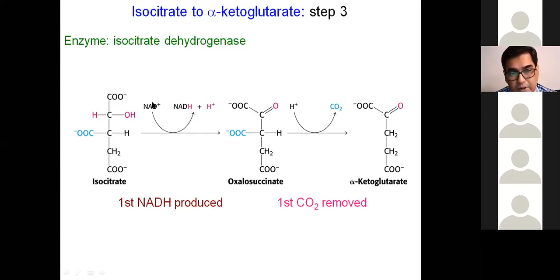So what's happening? Oxidation हो रही है, तो first NADH is produced in this reaction in the conversion of isocitrate to alpha ketoglutarate, and as you can see, the first carbon dioxide is also being removed over here.